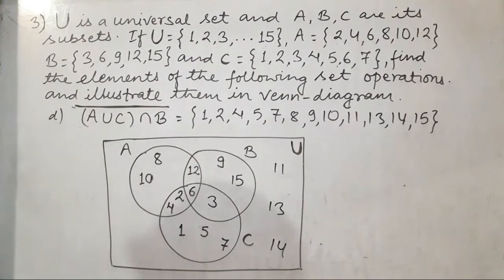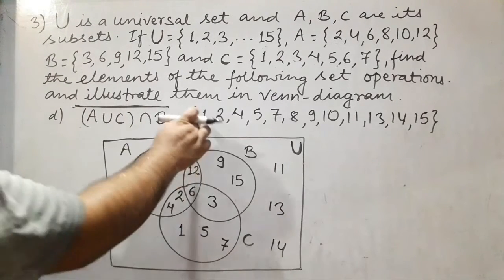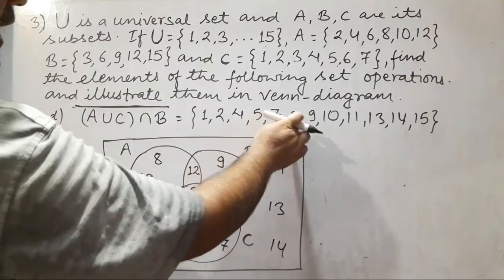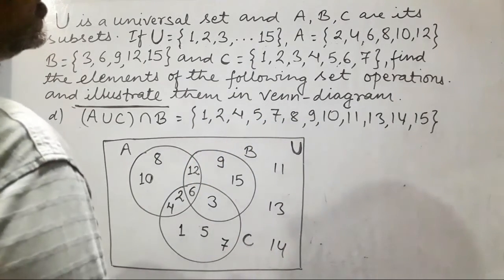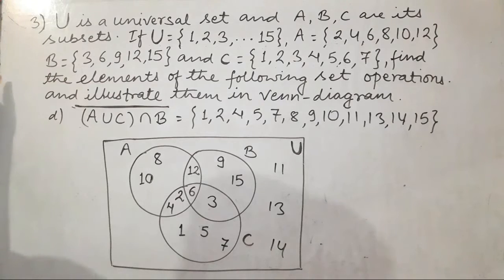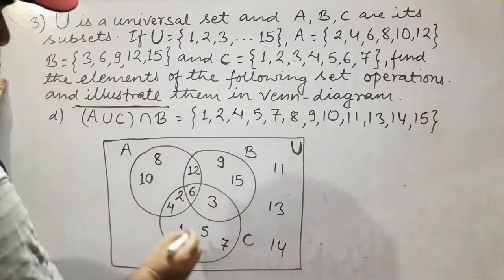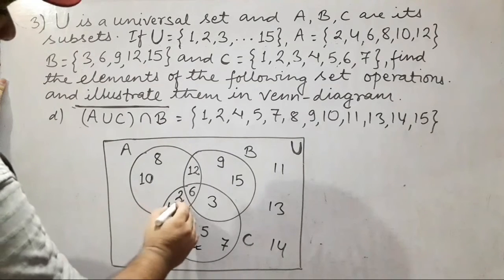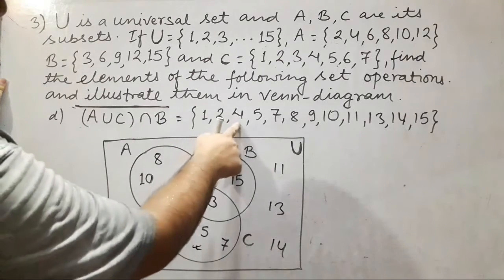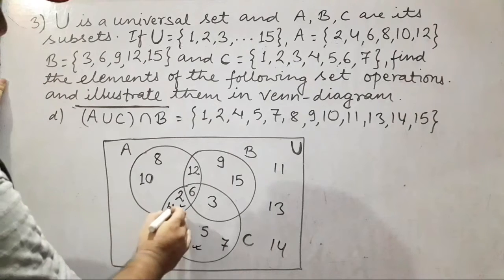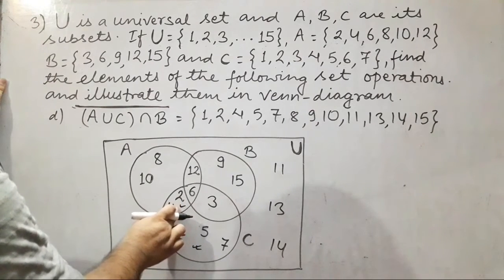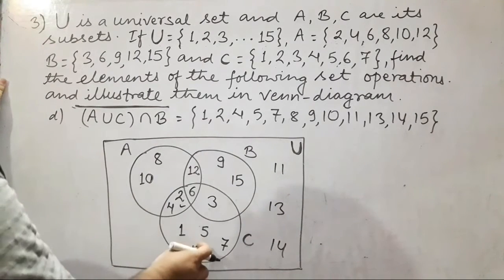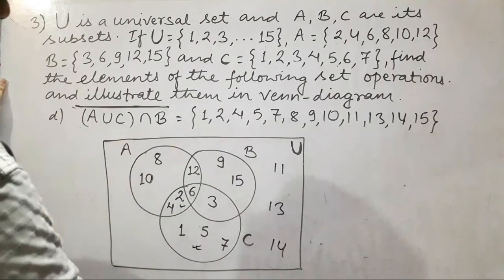In the diagram, we shall set the part containing these elements 1, 2, 4, 5, 7, 8, 9, 10, 11, 13, 14 and 15. Now let's see slowly. 1. Okay, this part we shall set. 2. Okay, this part also we shall set. 4. Okay, for this part we have already selected. 5. Already selected. 7.